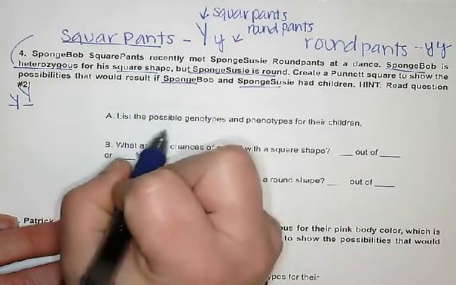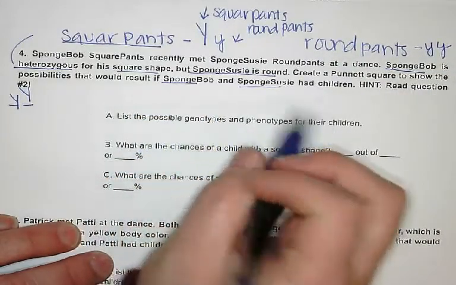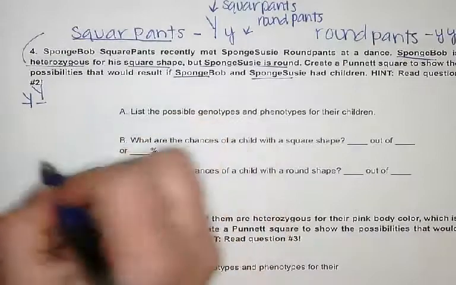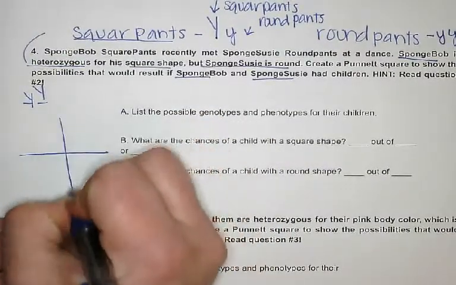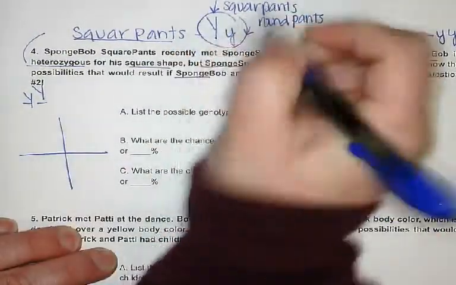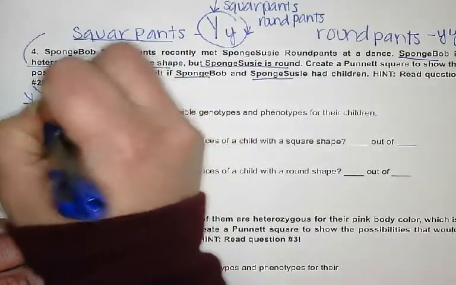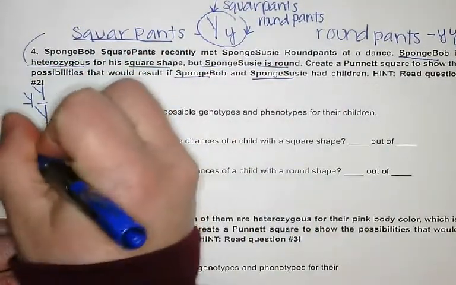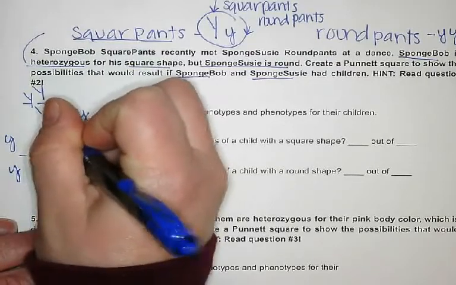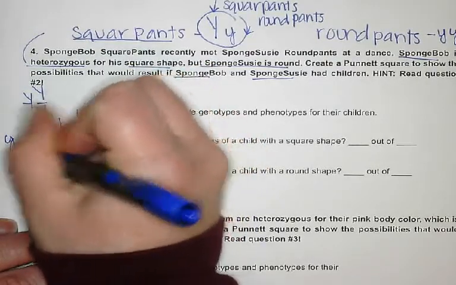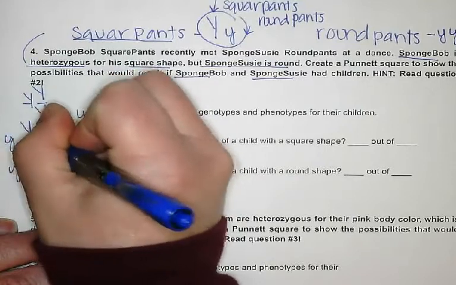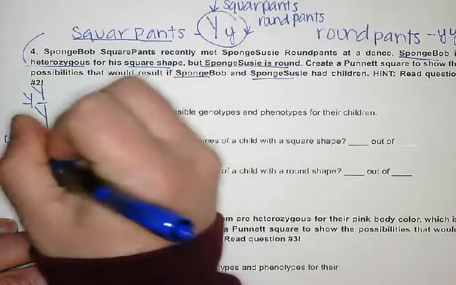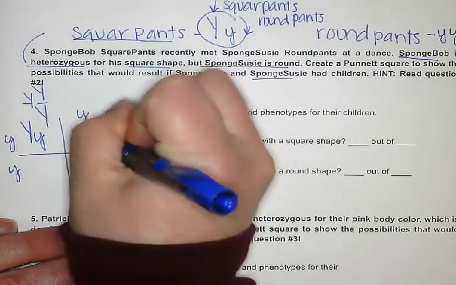List the possible genotypes and phenotypes of their children. SpongeBob is big Y, little y. Susie is little y, little y. So bring them together: big Y, little y.